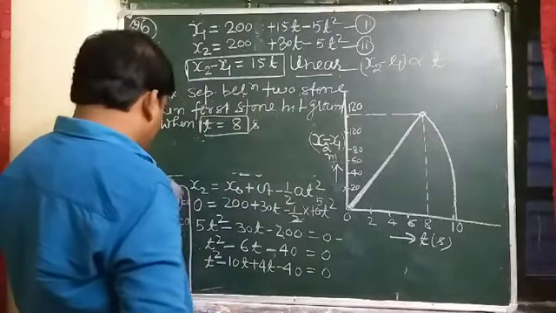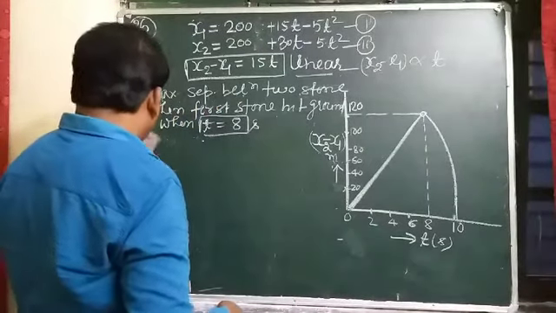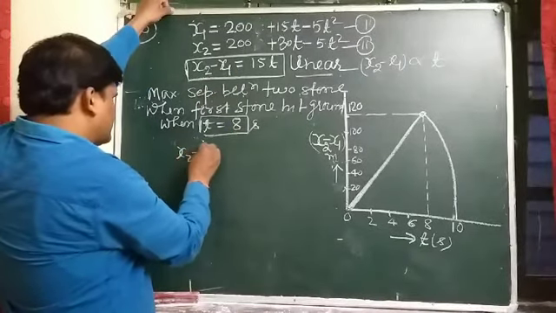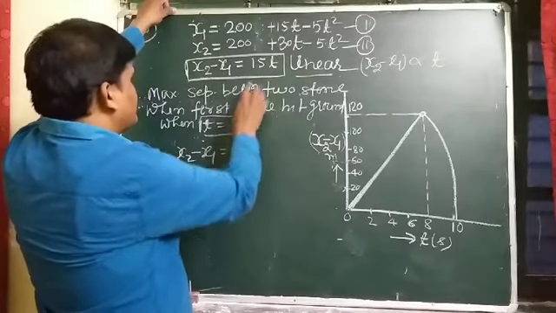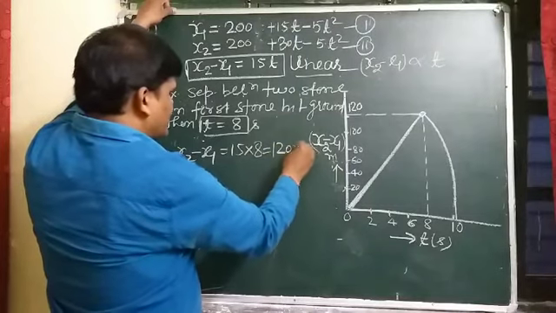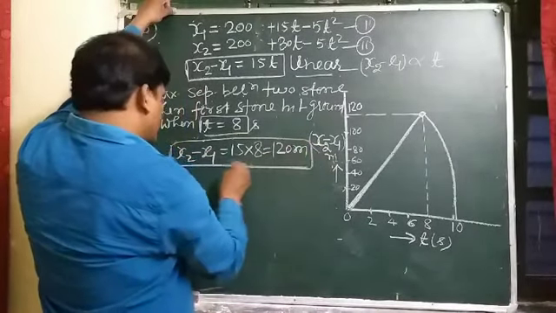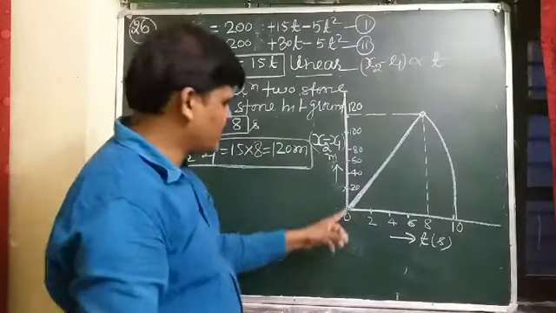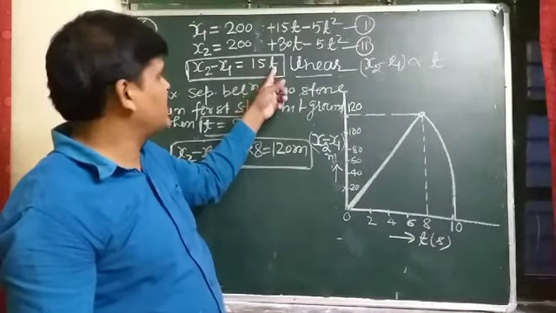So it comes out to be, student, put the value here, x2 minus x1, that is what, 15 into 8, that is what, 120 meter. So this is the maximum separation between two stones when the first stone hits the ground. So student, x2 minus x1 has a linear relationship with time.